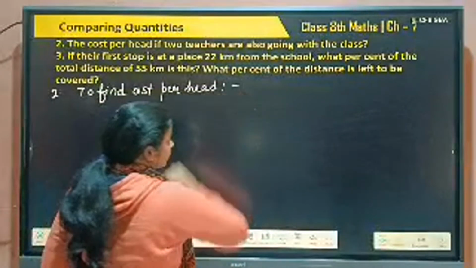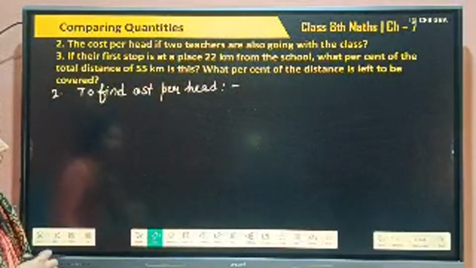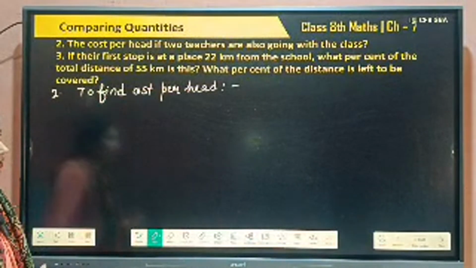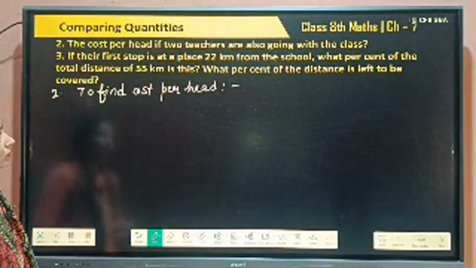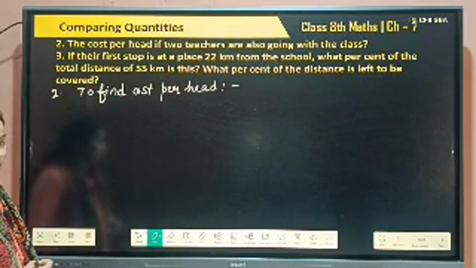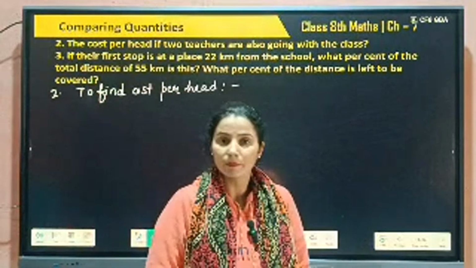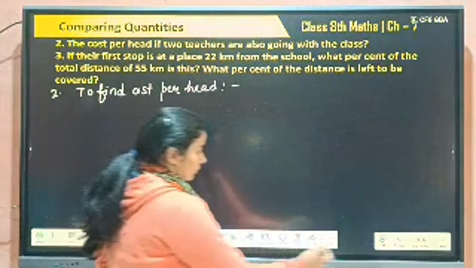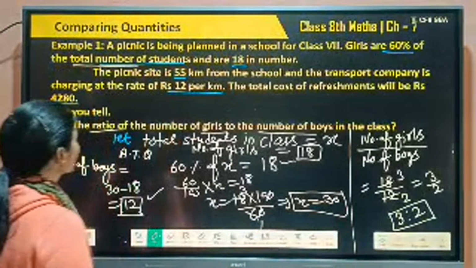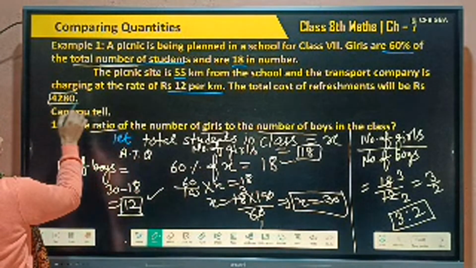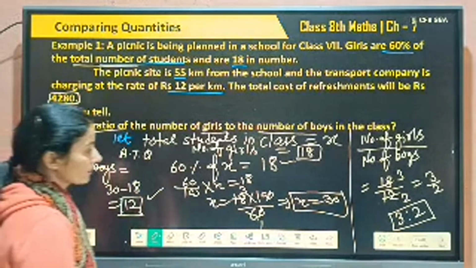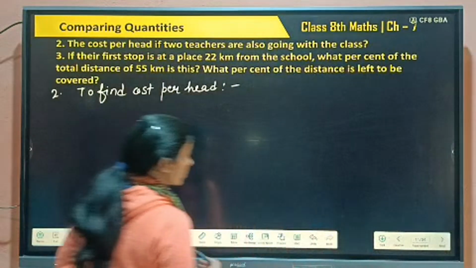First of all, we will come to know what is the total cost and then the number of persons. If I divide the total cost by the number of persons, then I will get the cost per head. Let us see what is the total cost. Refreshment cost is 4,280.